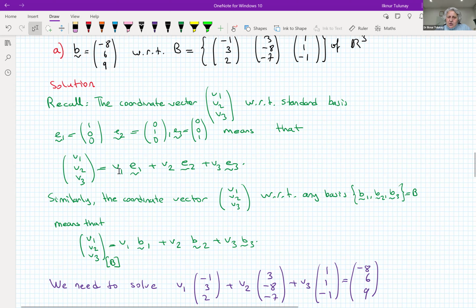That is a linear combination. Here v1, v2, v3 are real numbers. These are the coordinates with respect to the standard basis.